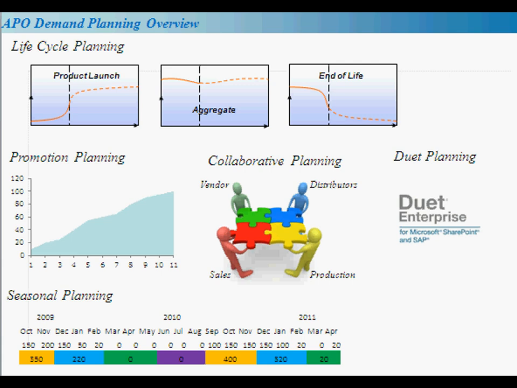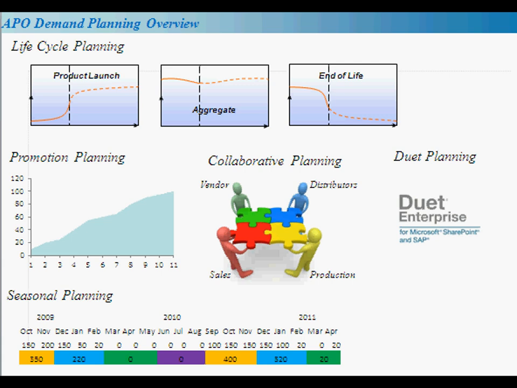APO demand planning offers multiple forecasting techniques like univariate, MLR, and composites, which have further different forecasting techniques like constant, trend, seasonal trend, and auto model selection, and there are many forecasting techniques which the APO demand planning tool offers.